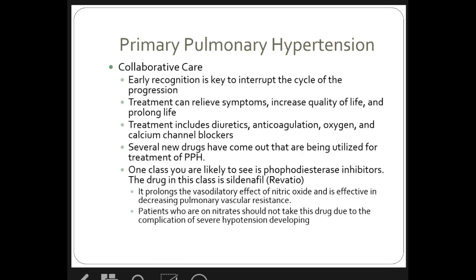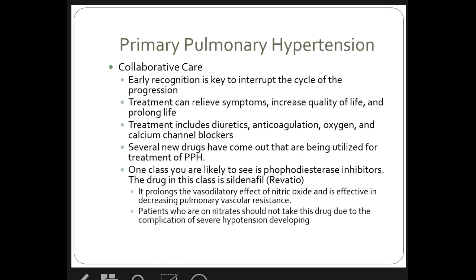When we assess a patient to see if our medications are working, it's not about blood pressure for them. It is a relief of their symptoms. If they state that their dyspnea is better, then that is where we're looking at that our medications have been effective. There is a class of drugs that you're likely to see.